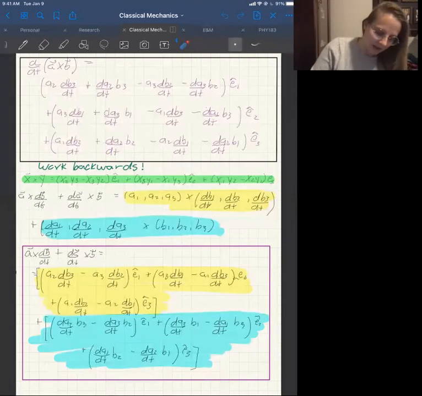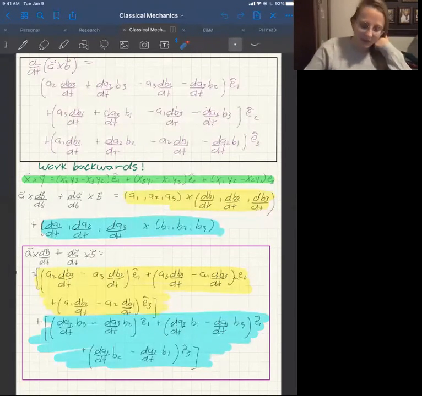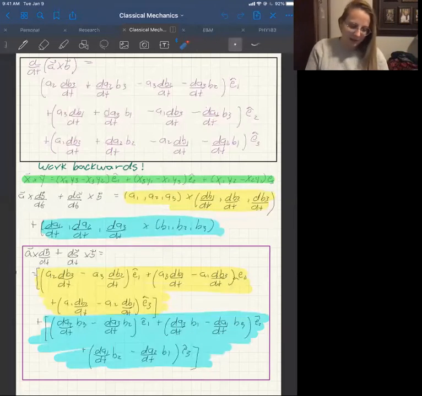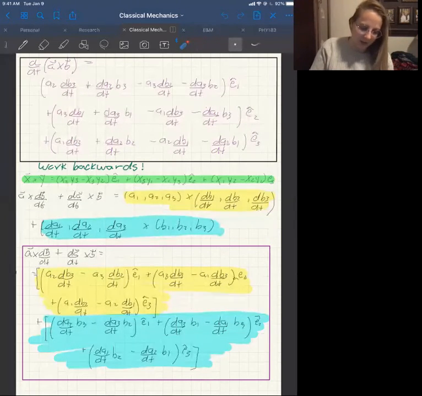But then for the dB/dt and the dA/dt, you simply write it out as the derivative of each of the components in order. And from here, I'm just going to take the cross product in yellow and the cross product in blue, and I get this term here where the yellow corresponds to this and the blue corresponds to this, and you do that by just using this formula.